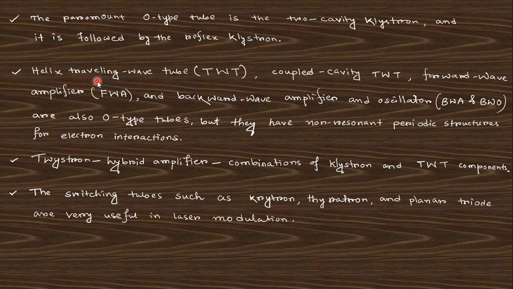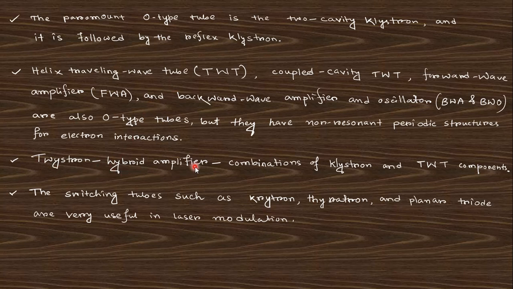Helix travelling wave tube, coupled cavity travelling wave tube, forward wave amplifier, backward wave amplifier, and oscillator are O type tubes, but they are non-resonant periodic structures. That means the klystron is the resonant type, whereas these are the non-resonant type.